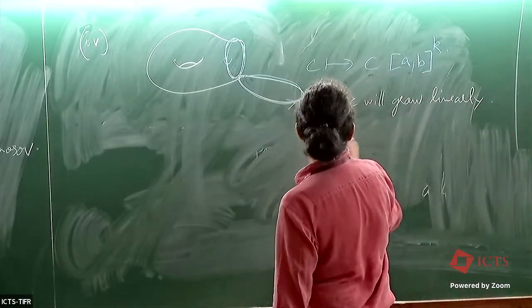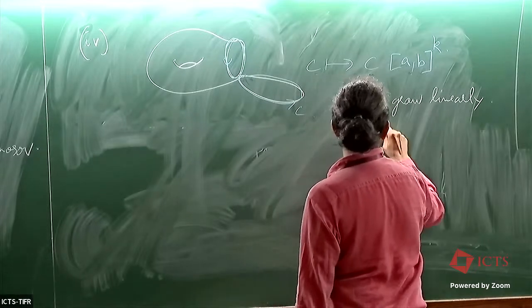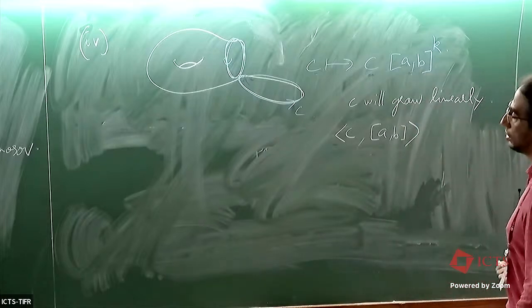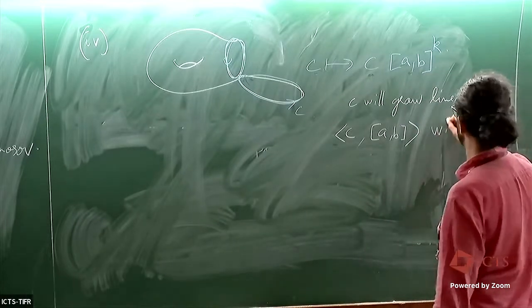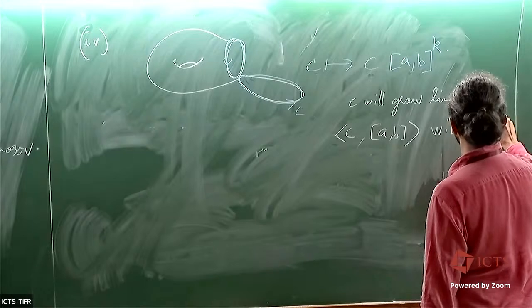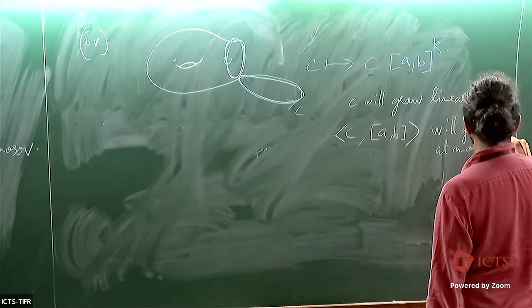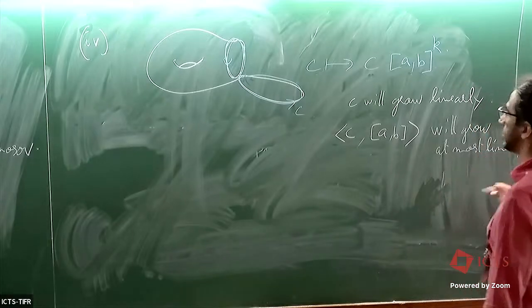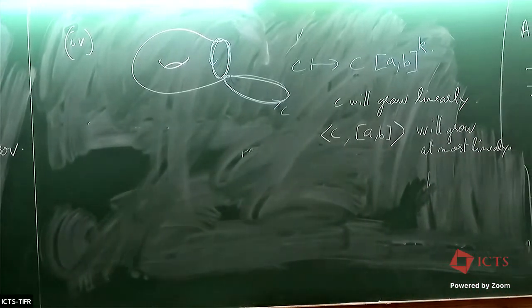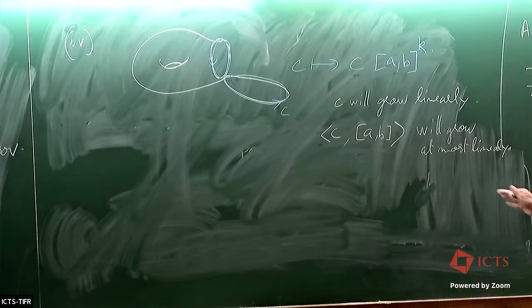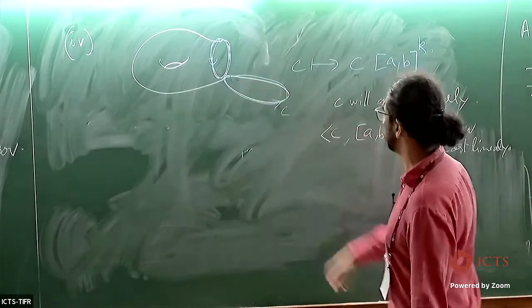And C, [A,B] will grow at most linearly. Meaning that some of its elements will grow less than linearly, and all of them will grow less than linearly. Some of its elements will grow with degree 0.